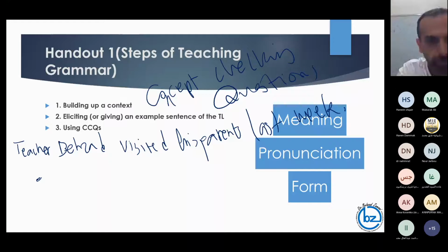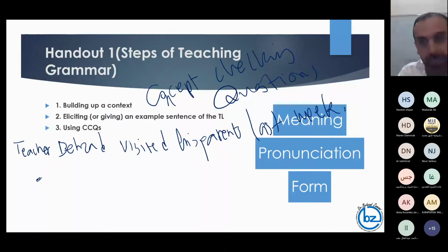Yes. Did he visit his siblings? No. So simply, I am checking that my students understand the meaning of this sentence or not.